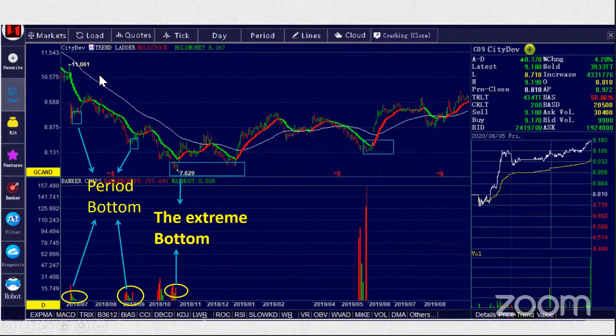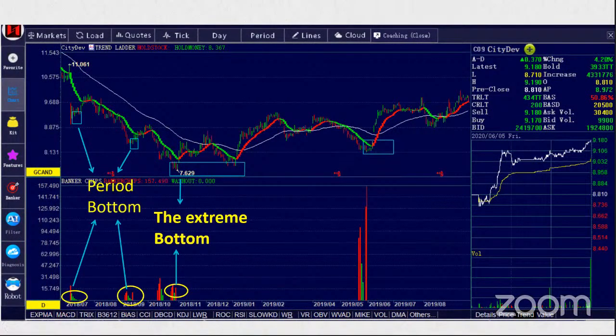Okay, so here you see the white line, it is the main line for trend ladder, and we also see the ladders here, green and red columns, right? So these are the ladders, also components of trend ladder. Roughly speaking, the main line represents the medium-term trend, and the red and green bars represent the short-term trend.